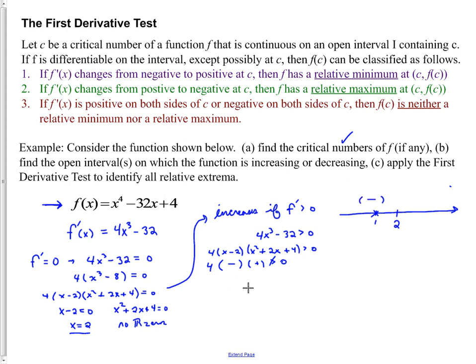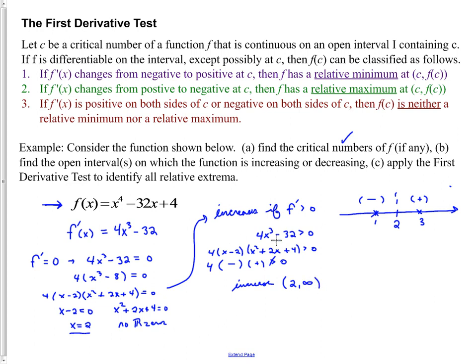But if we test a value to the right of 2, let's say x equals 3, then 4 times 3 minus 2 is positive, times 3 squared plus 2 times 3 plus 4, which is positive. So it's positive at x equals 3. Looks like the function is increasing on the interval from 2 to positive infinity.